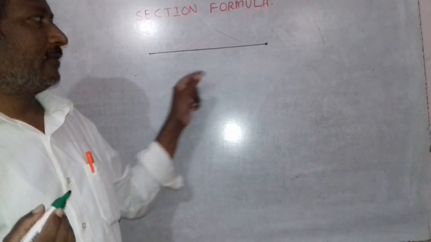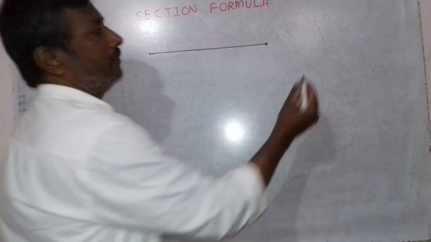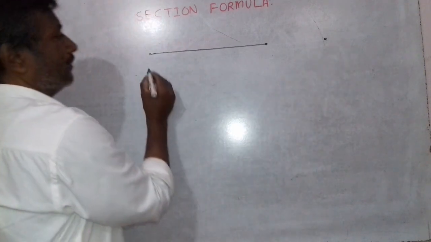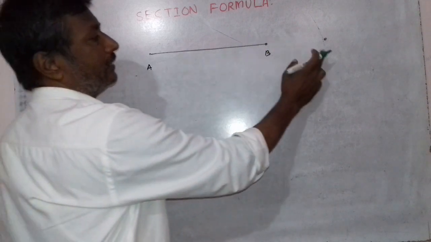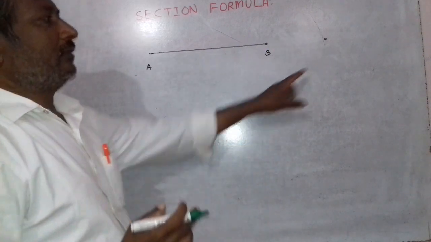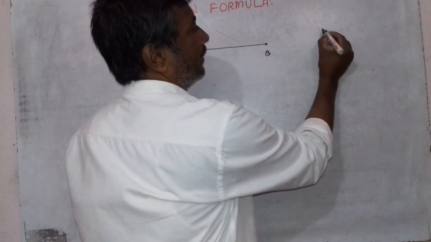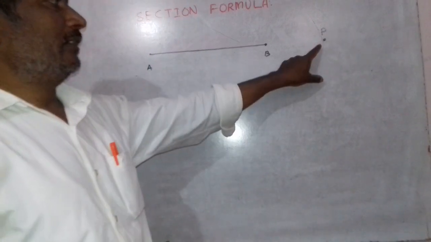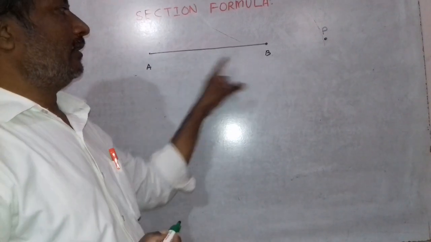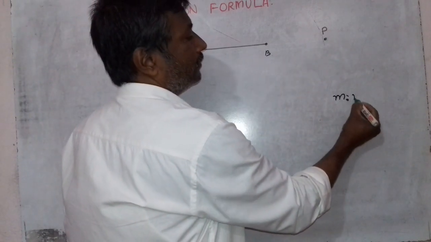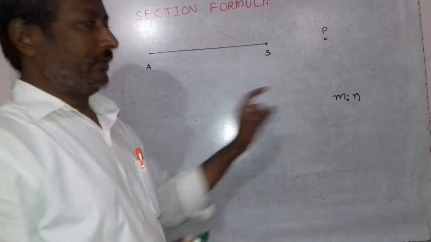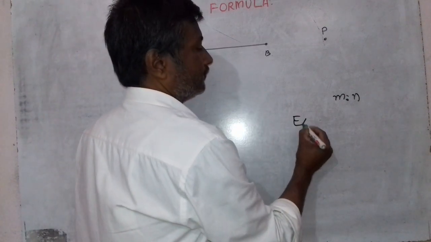Now one more concept is there. If the point P is somewhere here, on the line AB, outside the segment, that is external. P divides AB externally in the ratio m is to n.